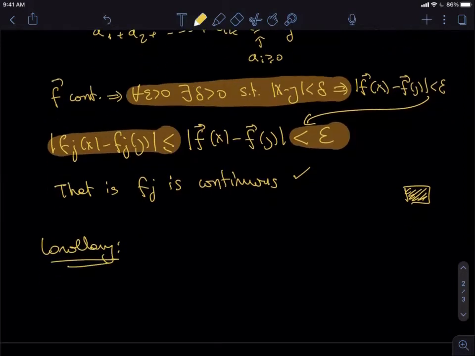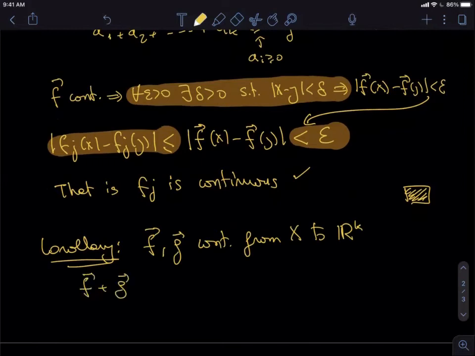Whenever we have vector functions f and g that are continuous from X to Rk, the sum is continuous and the dot product is continuous.